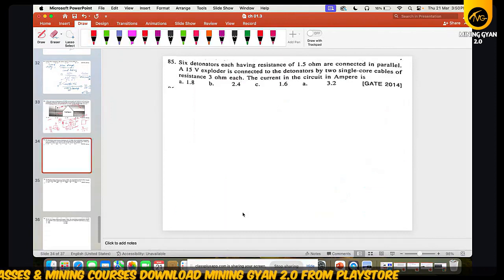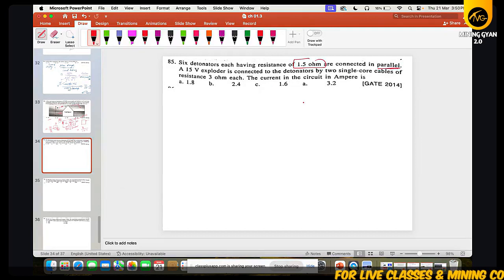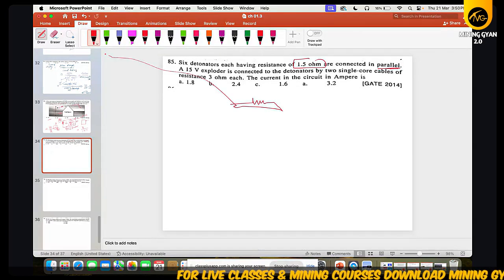Okay, come to 85. In this question they have provided us 6 detonators, each having a resistance of 1.5 ohm. In parallel, you should know what is parallel and what is series.